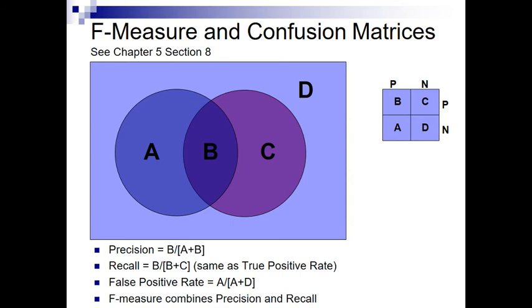Now, there will be places later in the evaluation unit where the relevant notion of true positive rate or proportion of true positives is going to be a slightly different notion. But let's not get ahead of ourselves.